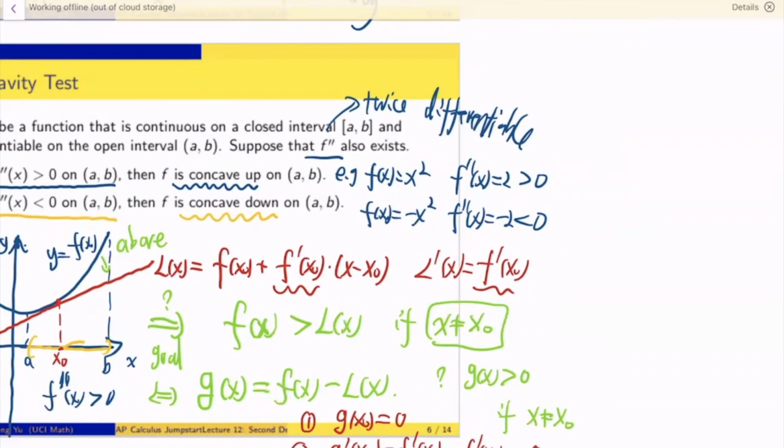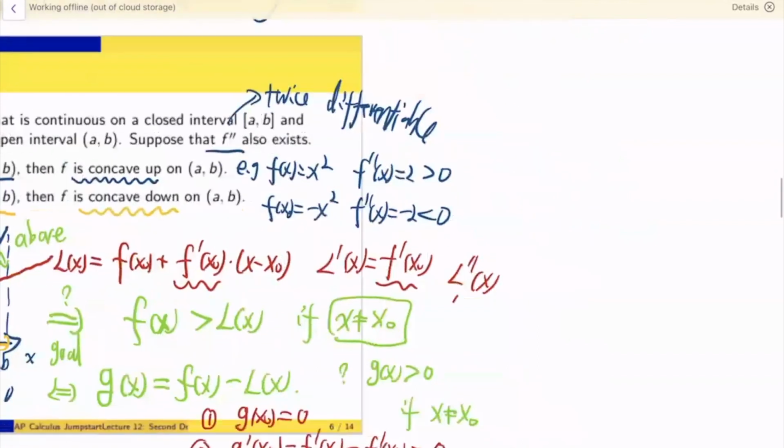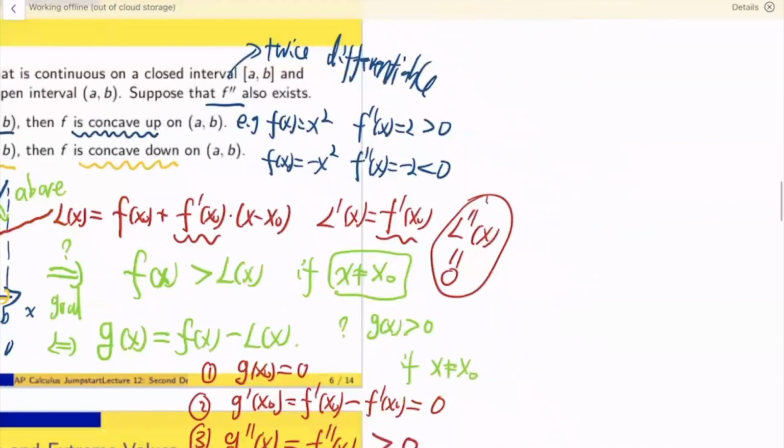Now, what's the second derivative of this function in the whole interval? It is just the second derivative of f(x), because the second derivative of the linear function is constant 0, and we know this is positive.